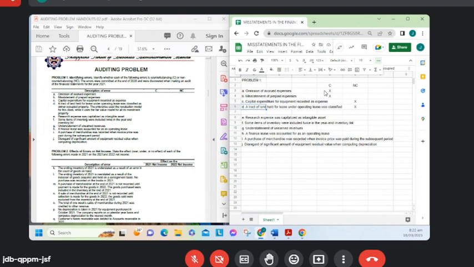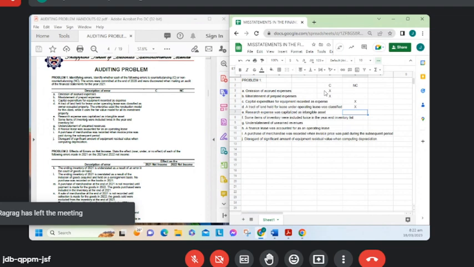Letter E, research expense capitalized as intangible asset. It's similar with letter C, but the reverse of letter C pala, no? Supposedly there is no capitalization if it's a research expense, right?